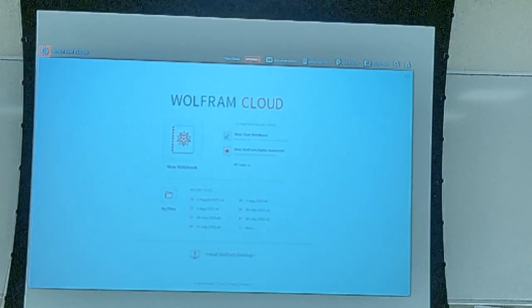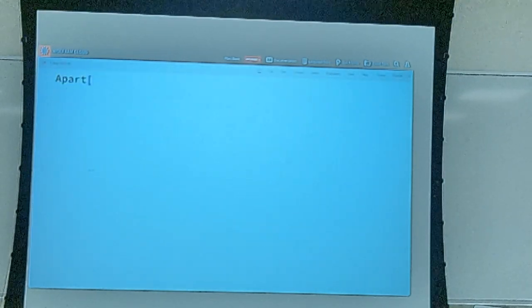We have two fractions, right? We're going to do each one individually. First one. Take them to the right screen, that would be nice.